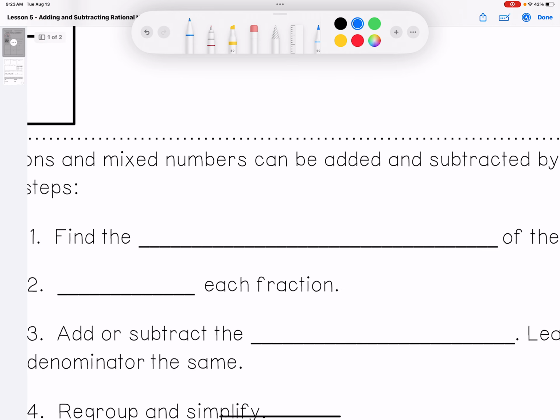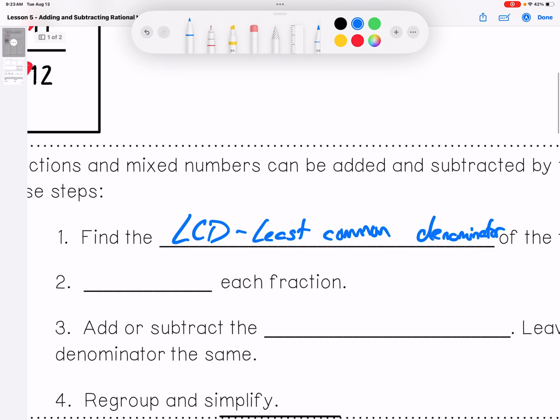Find the least common denominator, the LCD. Rename each fraction. So rewrite it. Rewrite each fraction.